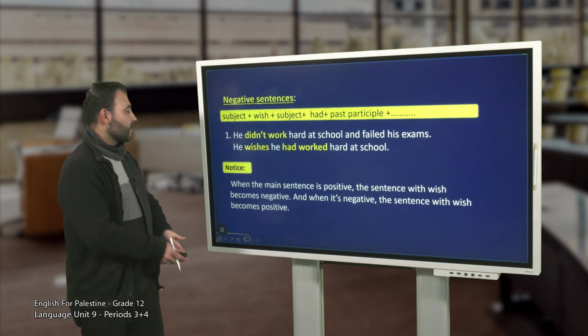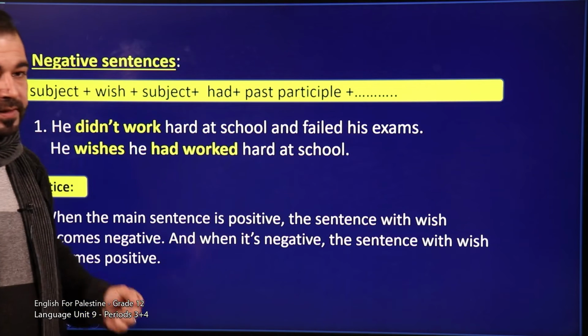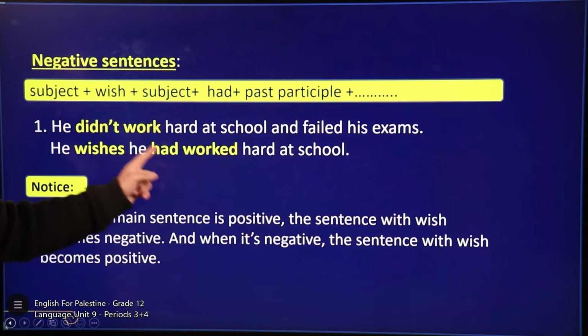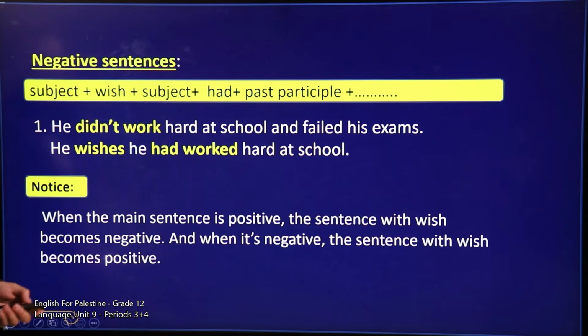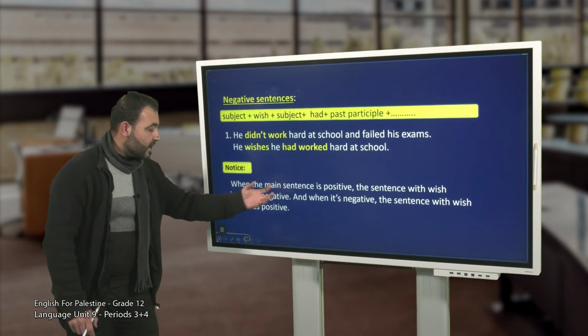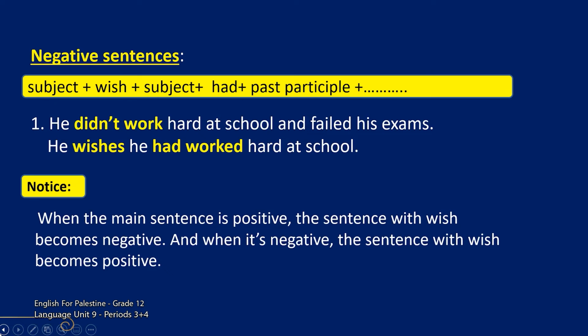Let's see the sentence. He didn't work hard at school and failed his exams. He wishes, subject is he, wishes in the present simple tense. He had worked hard at school. Notice here, when the main sentence is positive, the sentence with wish becomes negative.